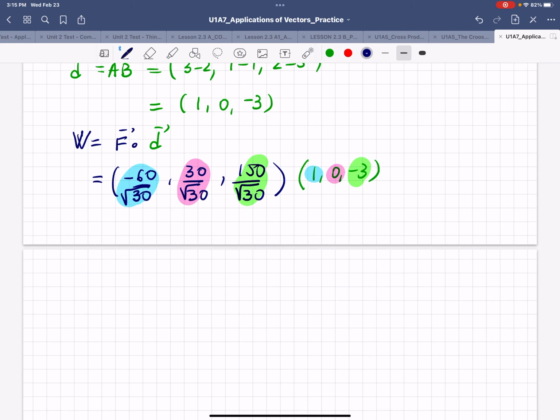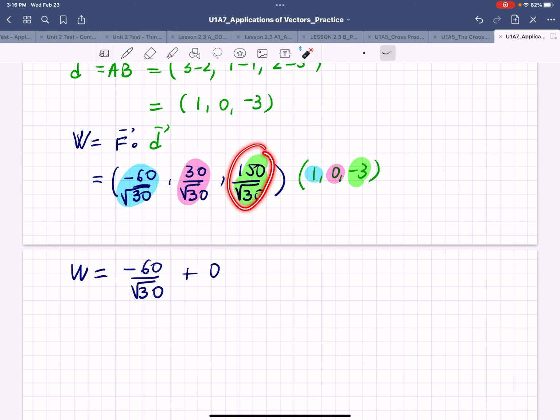That will give the work equal to -60 over square root of 30 for the first product. Then 30 over root 30 times 0 is 0.